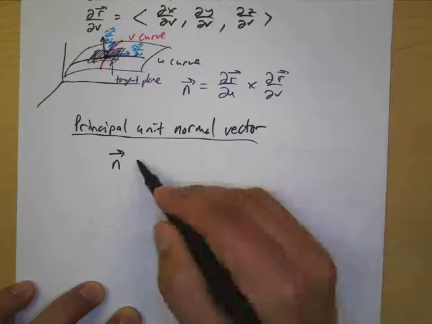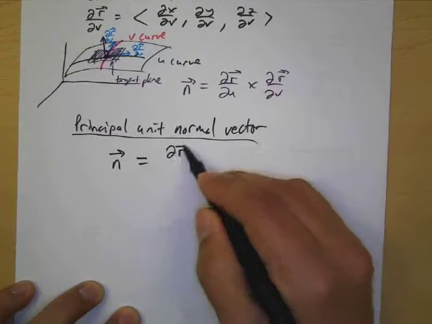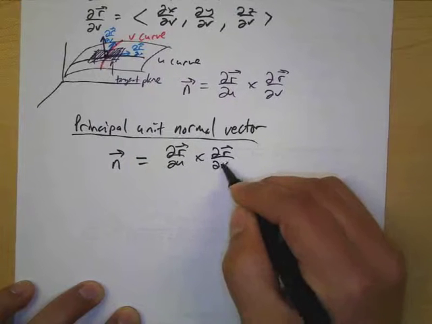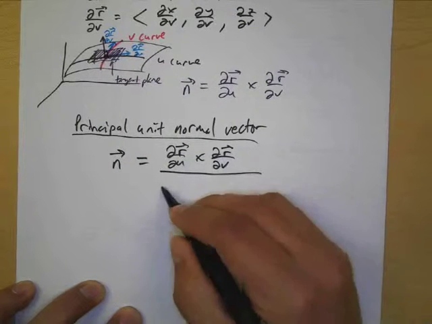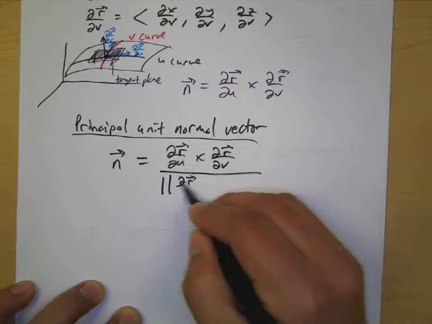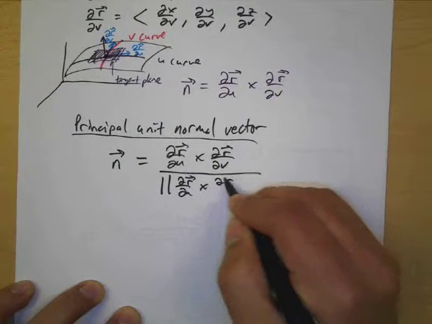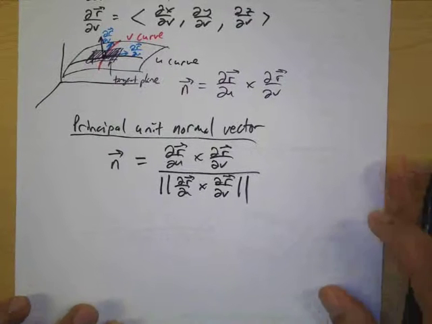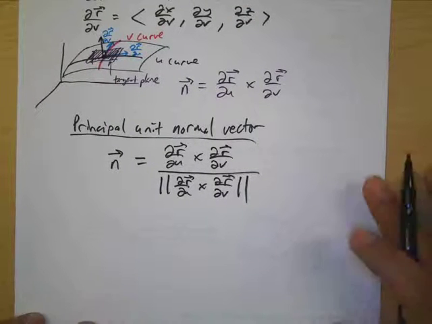How do I make it a unit vector? Divide by the magnitude, right? So this would be the definition for the principal unit normal vector. Okay.